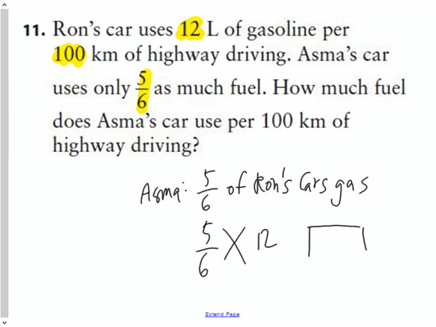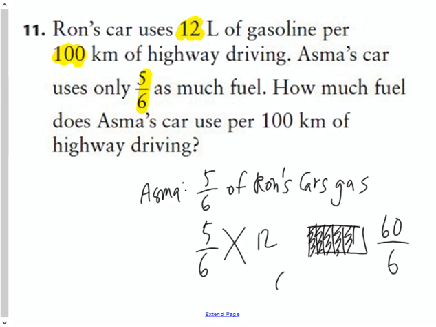So if I was to draw 5/6, 1, 2, 3, 4, 5, 5/6, and I was to say there's 12 of them, how many sixths would you have altogether? You would have 60 sixths. If I was to draw 5/6 12 times and count them all up, I would find that I have 60 sixths, right?